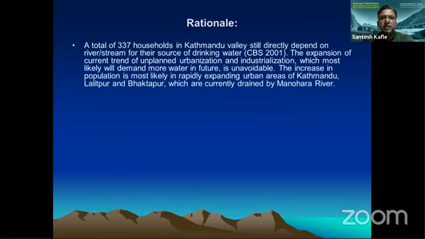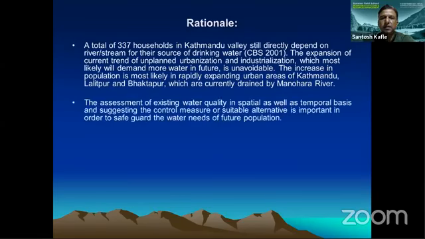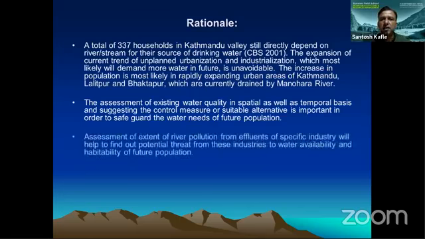The rationale of the study is that then there were 337 households in Kathmandu Valley which depended directly on fresh inland surface water from rivers for their use of water.